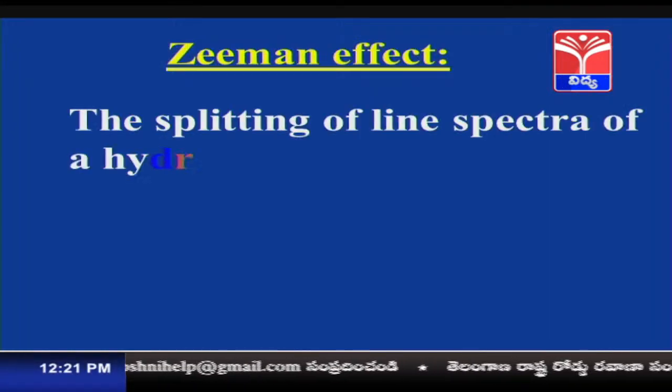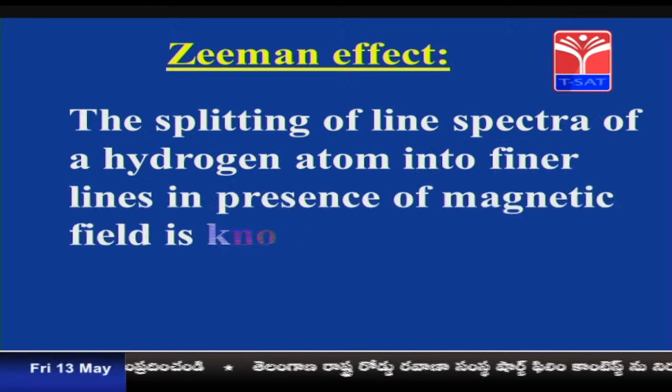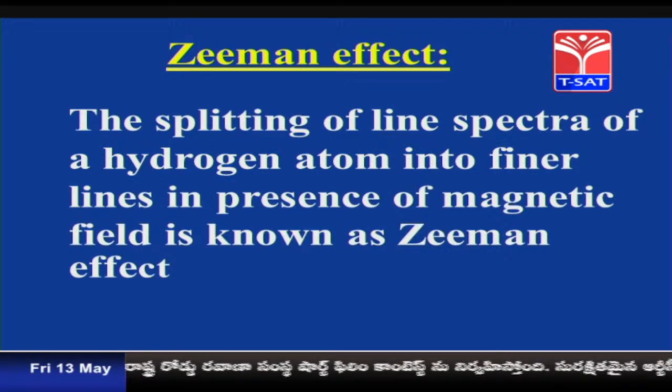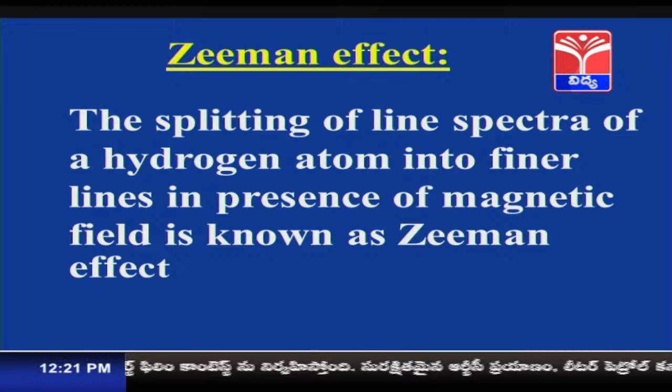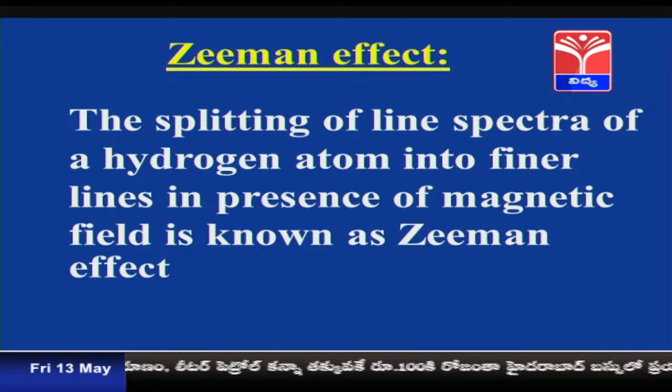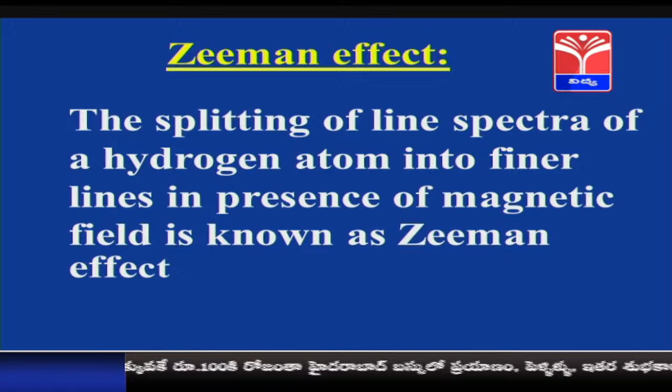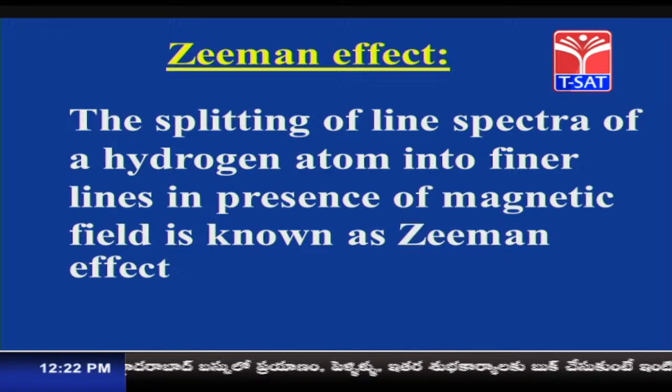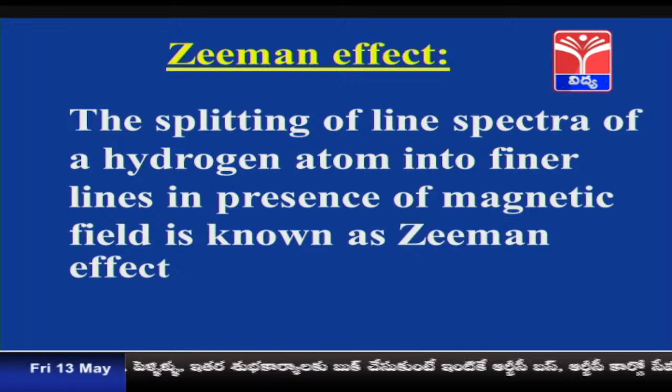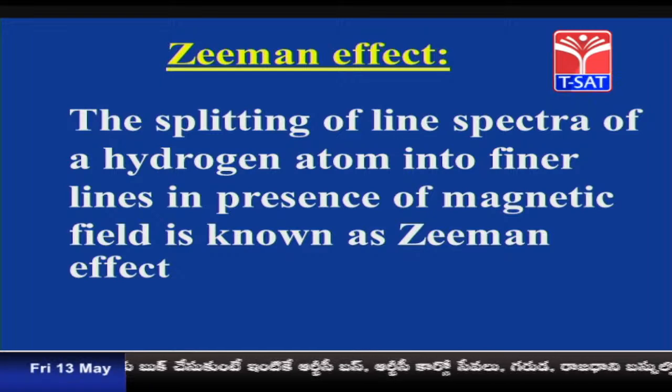The splitting of line spectra of the hydrogen atom into finer lines in the presence of a magnetic field is known as the Zeeman effect. In simple words, the splitting of spectral lines in the presence of a magnetic field is the Zeeman effect. I repeat once again, the splitting of spectral lines in the presence of a magnetic field is the Zeeman effect.